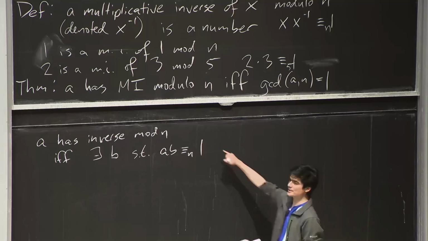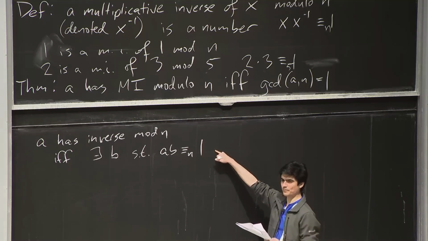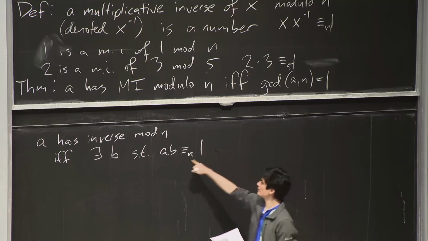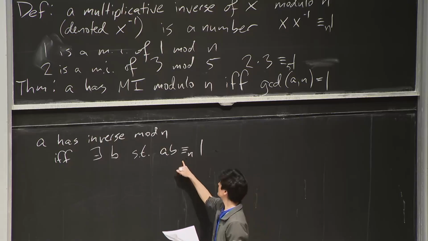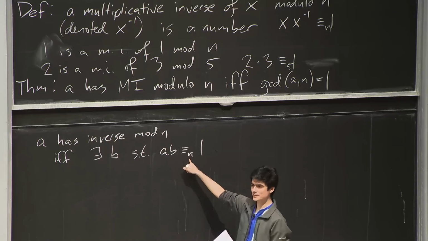Now, how do we characterize when this is true? Well, let's unpack this definition here. So this means that n divides their difference.